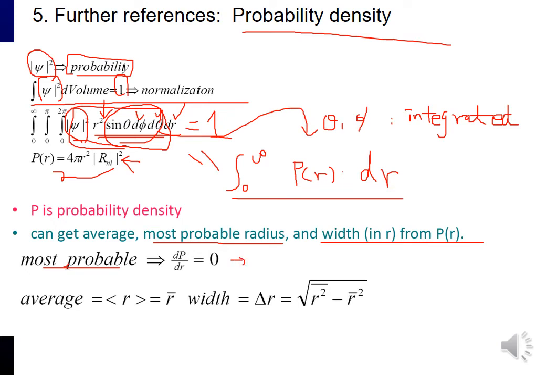From this equation you can get a certain value of r. That r0 is the most probable radius. And the average is mathematically written like this, or r bar.